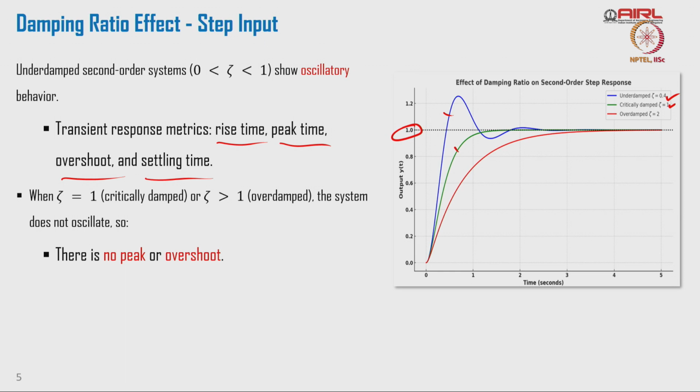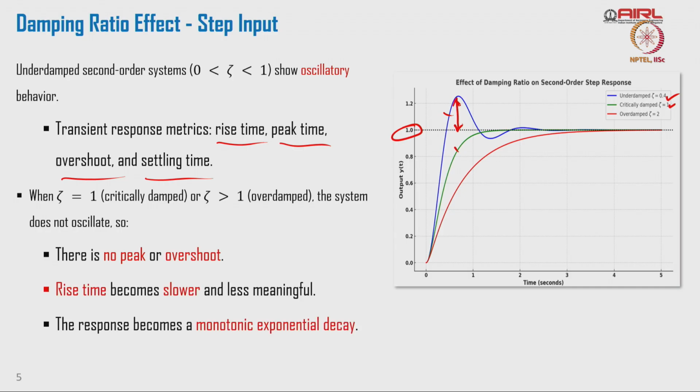The overshoot will not be there for this critical damping scenario. No peak or overshoot. Rise time becomes slower, and it doesn't mean much, because in this case we don't have the peak overshoot. The response gradually increases and settles down to the steady state value, and the response becomes a monotonic exponential decay.